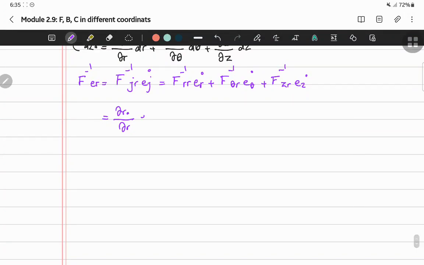All right, so we have er0 plus F inverse theta r, r0 theta 0 plus this is z0 with respect to r.